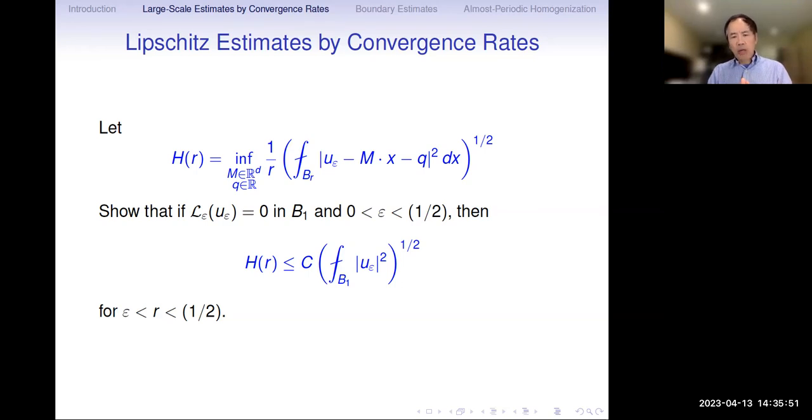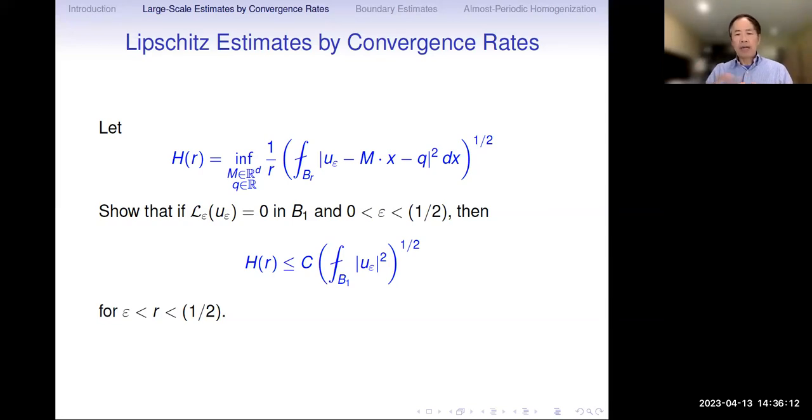Okay, so if you only look at this function, I don't need the function to be a solution. It can be any function. So what I'm saying here is that you can use this infimum in the place of the L2 average of a gradient here.